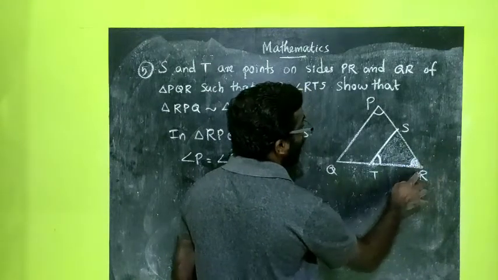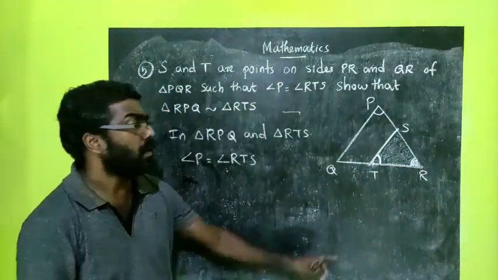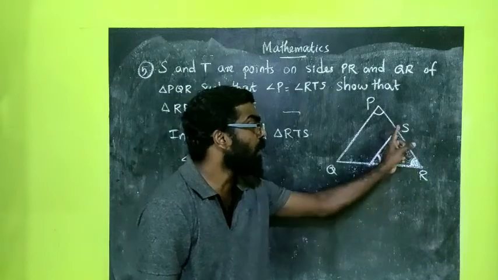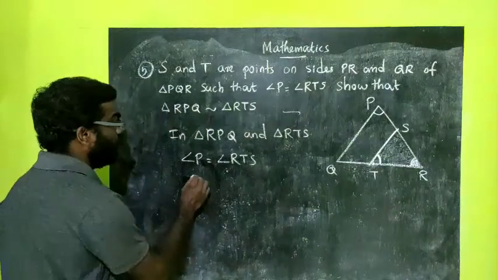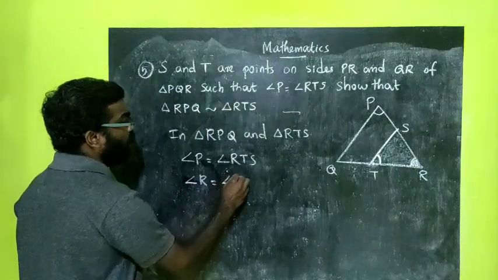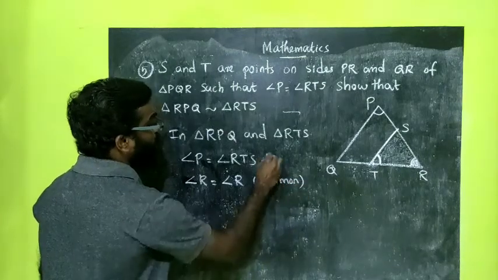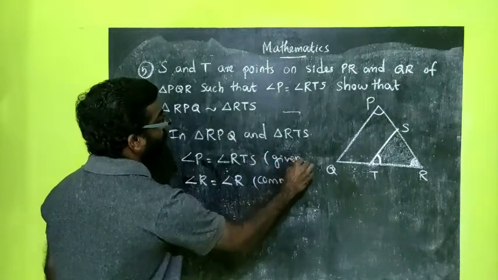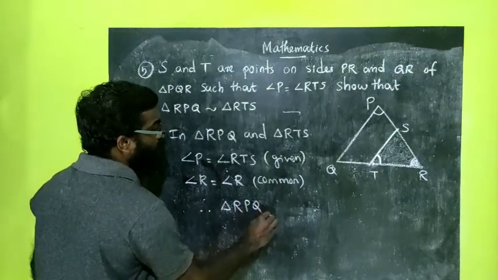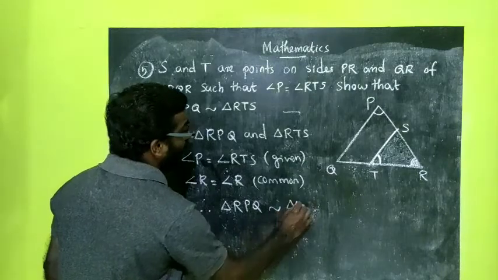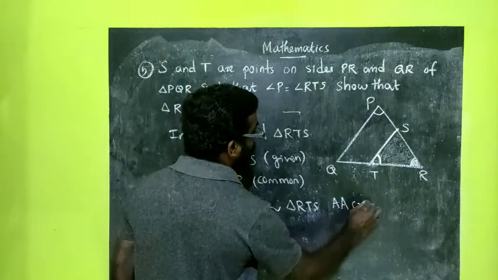Angle R is common in both the small and the large triangle. So we can write angle R equal to angle R which is common. The first one we can write, it's given. Therefore, we can conclude triangle RPQ is similar to triangle RTS by AA similarity criterion.